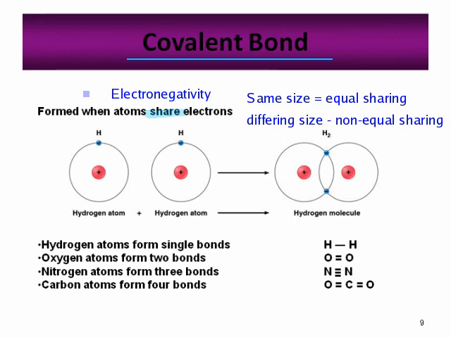We can take that a step further and say that when we have equal sharing, we also have non-polar molecules. And when we have non-equal sharing, we have polar molecules.